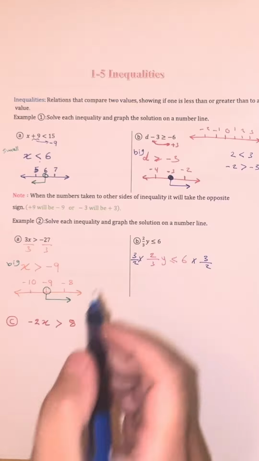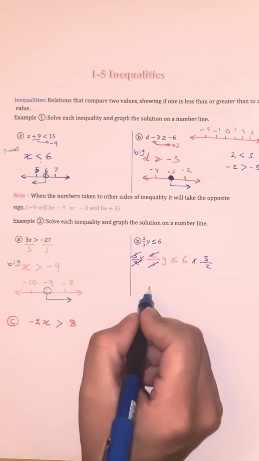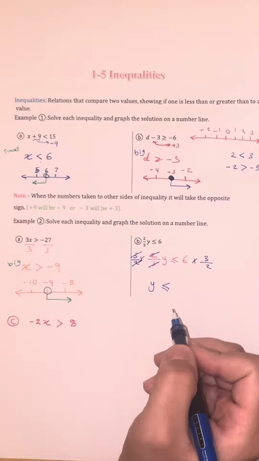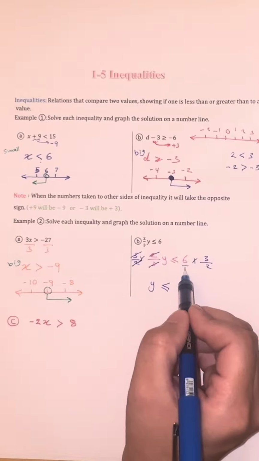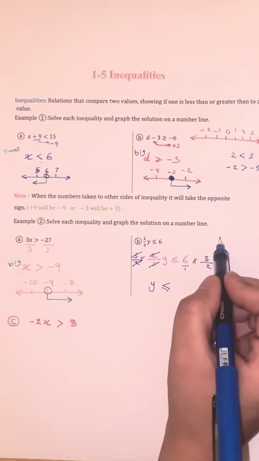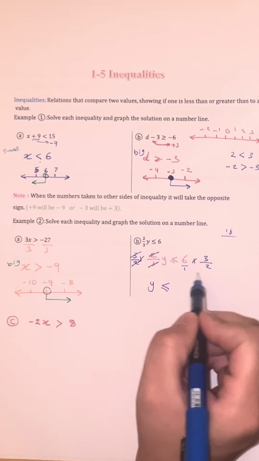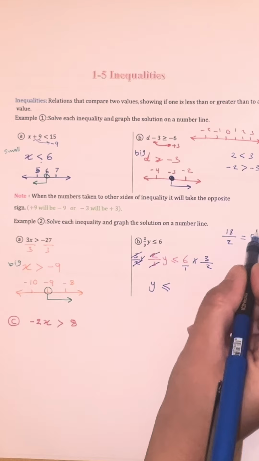So 2 cancels with 2, 3 cancels with 3, we get just y, less than or equal to 6 times this fraction. The denominator of this fraction is 1. So I can write 6 times 3 is 18, 1 times 2 is 2. So 18 divided by 2 is 9.